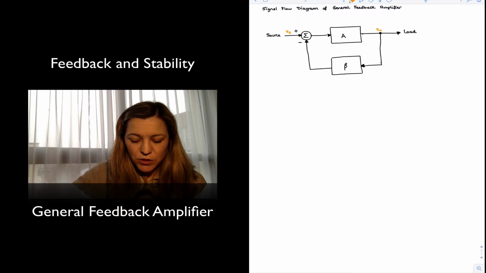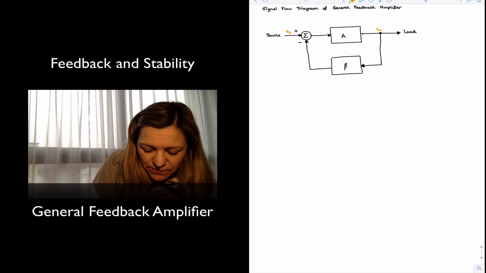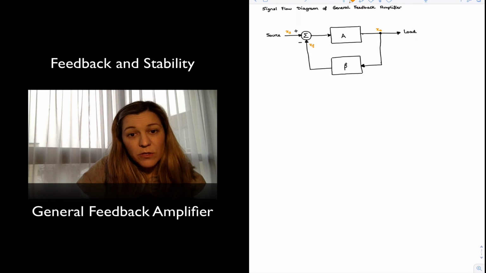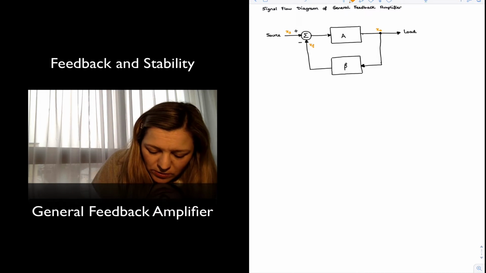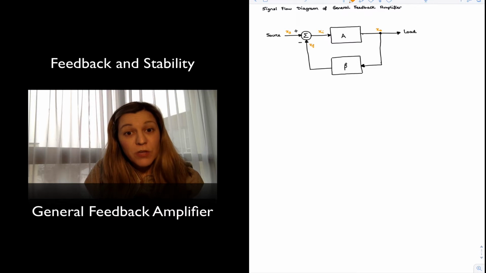In a feedback amplifier, that output signal is sampled or sensed, which is indicated by this connection here, and it's fed to a feedback network represented with the beta Greek letter. And so that generates a feedback signal, X sub F, which is then subtracted from the source signal and fed back into the input to generate X sub I, which can be confusing.